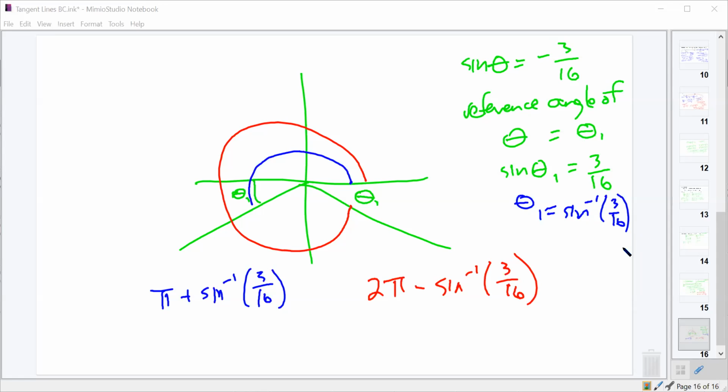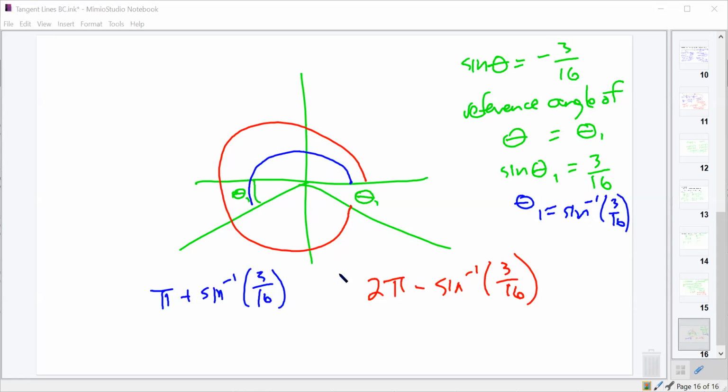And so we use that as our reference angle. I need to go pi plus another inverse sine of 3/16 to have a reference angle of inverse sine of 3/16, or I need to go a full 2 pi and then subtract off that reference angle of inverse sine of 3/16, to still get negative 3/16 when I take the sine of each of those angles.